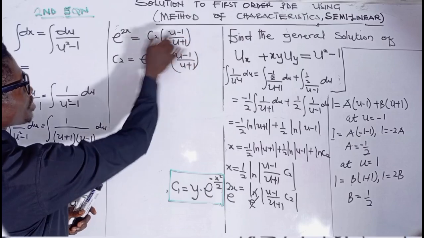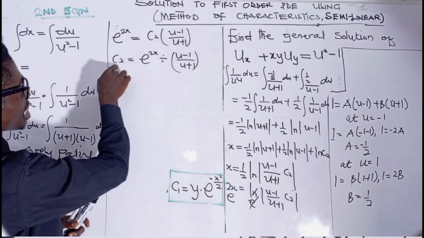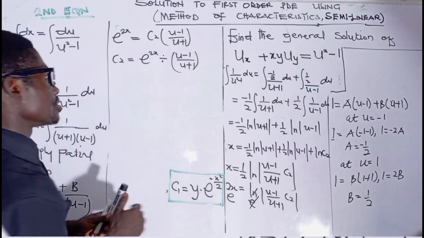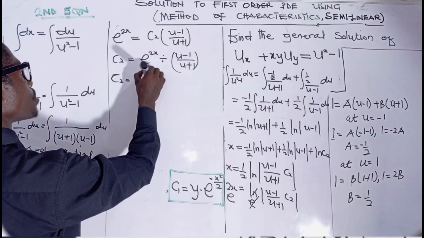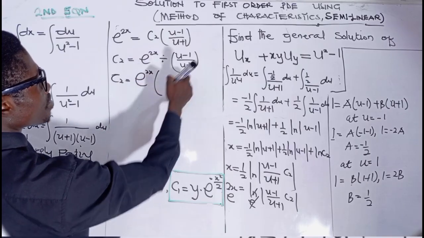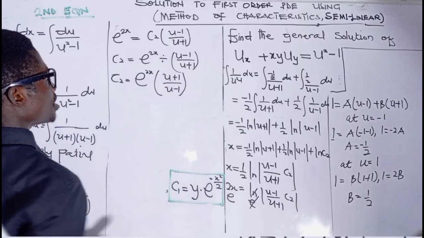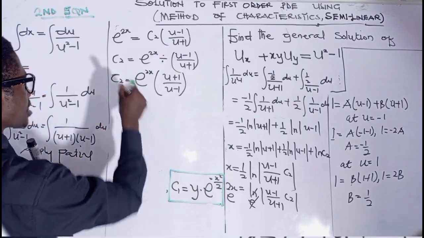We are dividing both sides of the equation by u minus 1 over u plus 1. So this one will cancel, we'll be left with c2 here, and then we have this divided by that. Good. So we have c2 is equal to e exponent 2x, and then this will go up, u plus 1 all over u minus 1. Very, very easy and simple. So this is our c2, and that is our second solution.